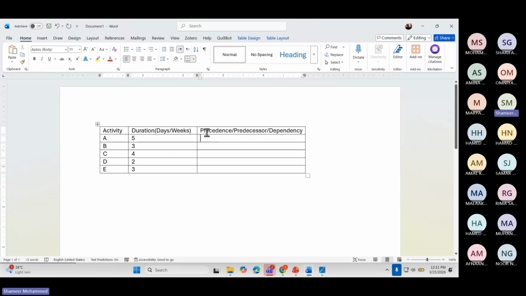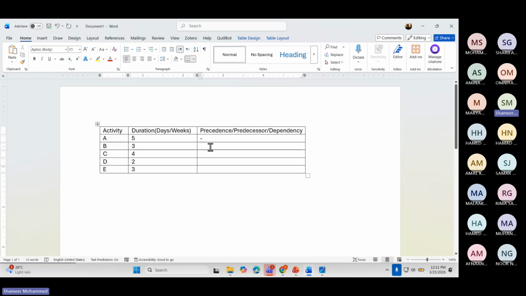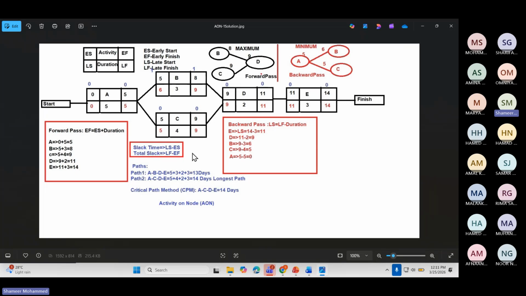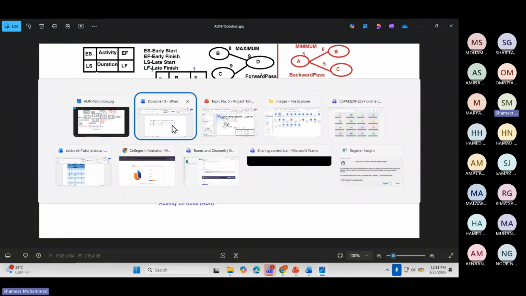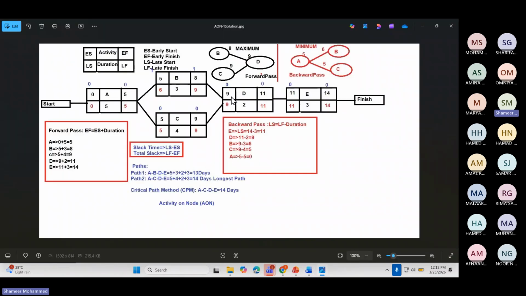So here there is no dependency. For B and C, A is the dependency, right? For D, B and C are the dependencies. And for E, D is the dependency.